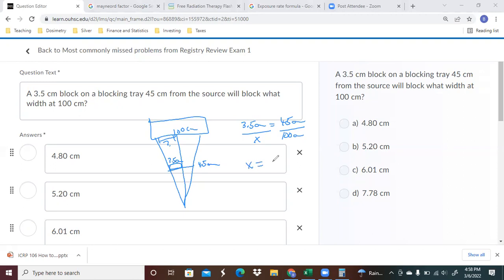If we take X, put it over here, the cross multiplication, that gives us 3.5 cm times 100 cm divided by 45 cm.